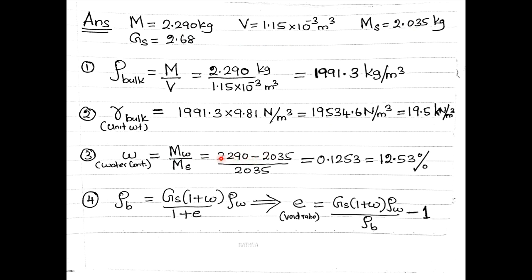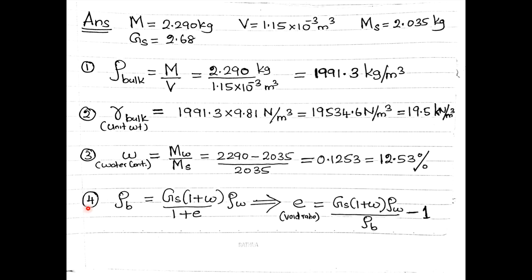Or in gram, 2290 minus 2035 gram divided by the oven dry mass, 2035 gram, is equal to 0.1253, which is 12.53%.